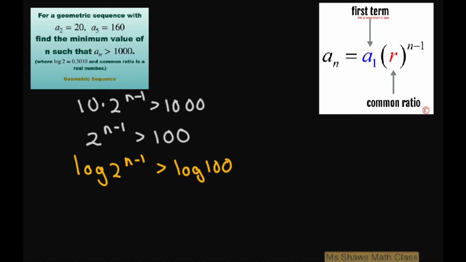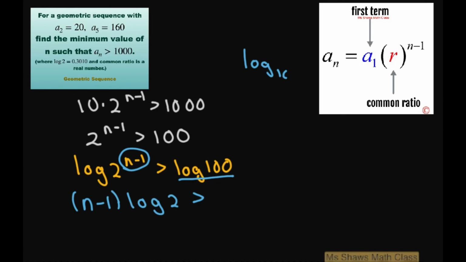So we can rewrite this using the power property of logs. This is going to be n minus 1 times log of 2, which is greater than log of 100.